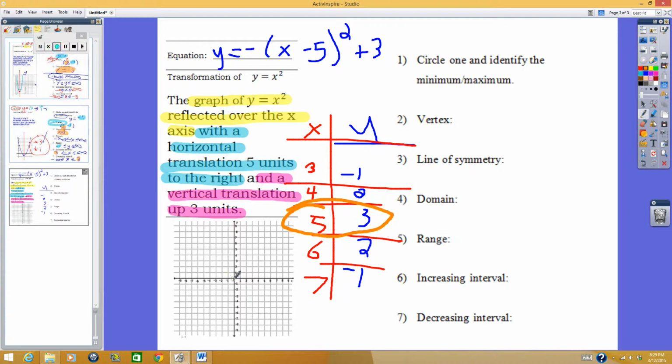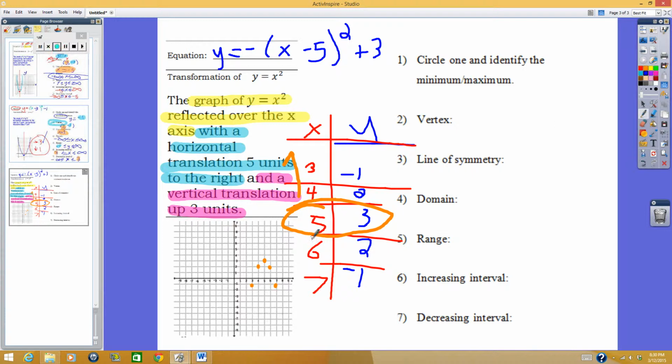That's me. 5, 3. Should have a dot there. I'm going to go backwards and do these first. 4, 2. 3, negative 1. So my x is 3, my y is negative 1. And now we're going to do these two. 6, comma 2. 7, comma negative 1.